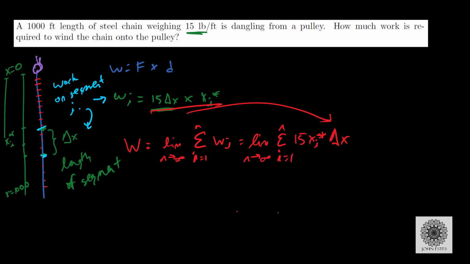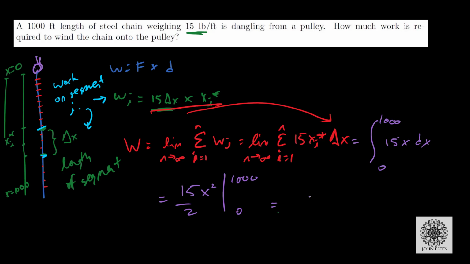And we know from experience that when you take the limit of a sum like this, you end up with an integral. So this is the integral going from 0 to 1,000 of 15x dx. So that's not too hard to calculate. We know the integral of x, that's going to be 15x squared over 2, going from 1,000 to 0.